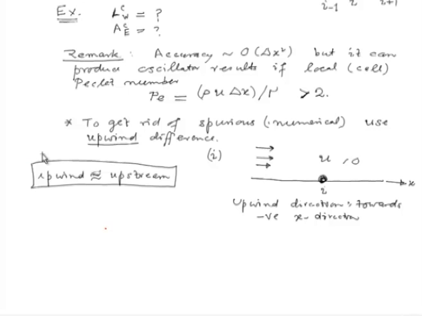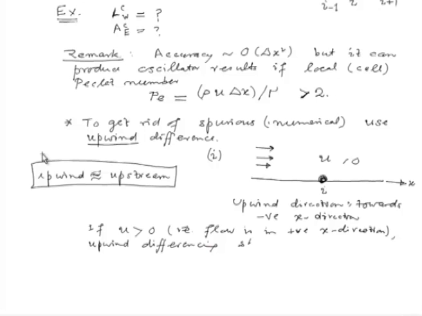So, in this case, if u is greater than 0, that is flow is in positive x direction, upwind differencing should involve values at upstream nodes. Which are the upstream nodes?